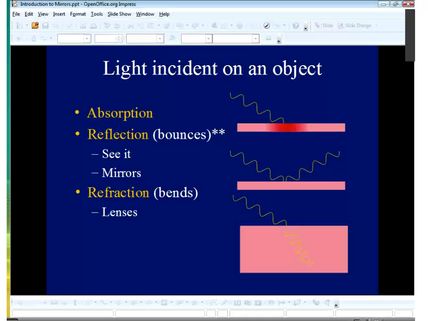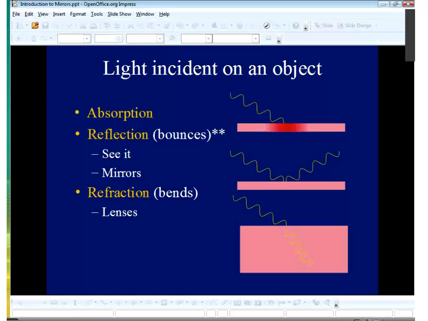So in a real situation, even when you are looking at a mirror, other things are also happening. It is a question of which dominates and which you want to dominate. So some amount of absorption is always going to be there, some amount of reflection, some amount of refraction.